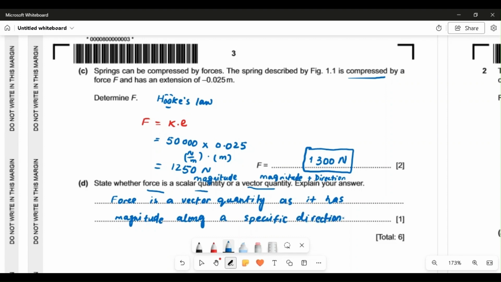Like you can say weight is a force that is always toward the center of the earth. Thrust is a force that is against the air resistance. Friction is a force against the motion of the object. So all of the forces have a direction.